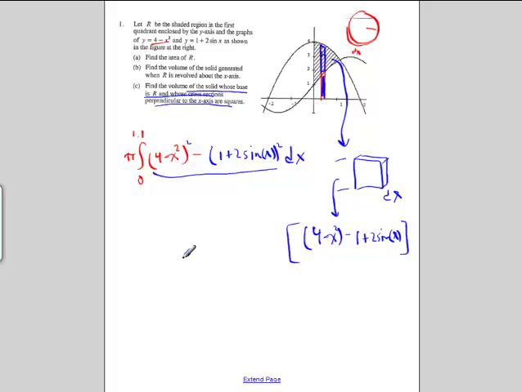So the expression for our volume would be the integral from 0 to 1.1 of our sides, 4 minus x squared minus 1 plus 2 sine x.